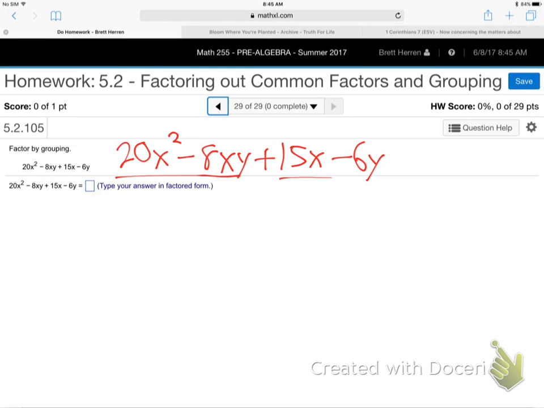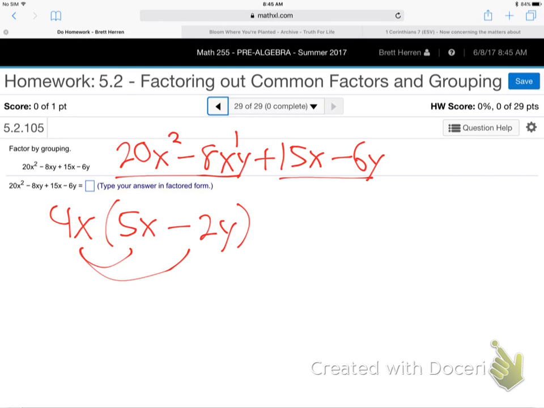What goes into 20 and 8? What's the biggest number? 4. And what about the letters? X squared, x to the first, take out x. That's it for that, right? What does that leave on the inside? 4x times 5x and 4x times minus 2y.